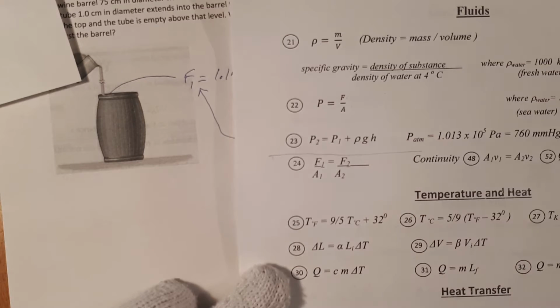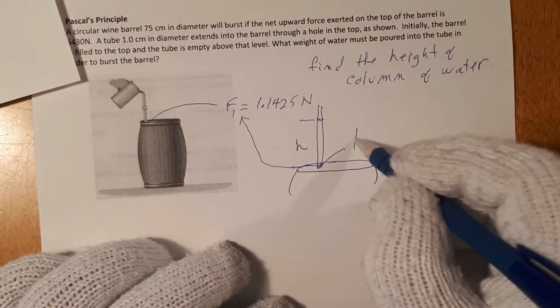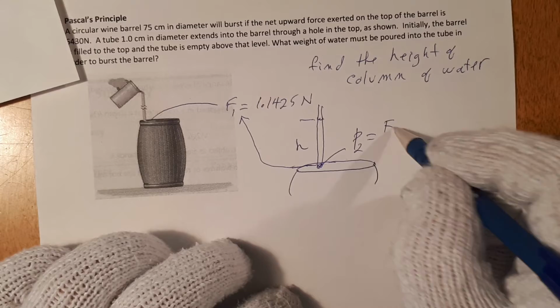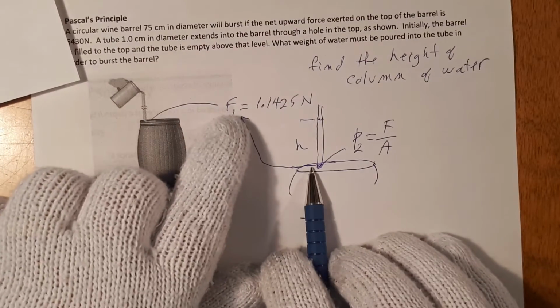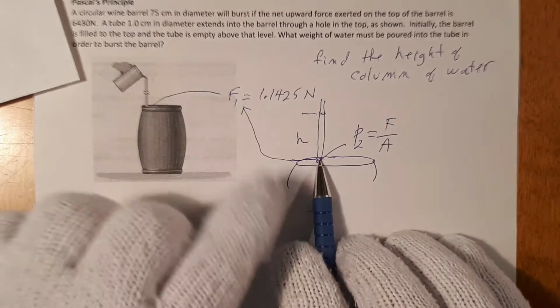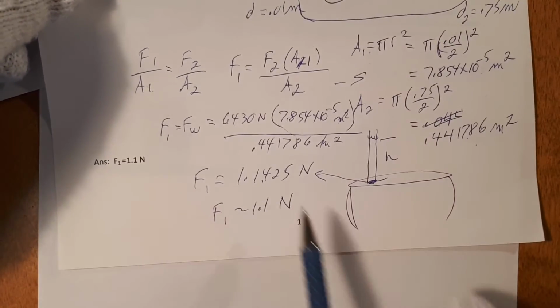Let's calculate what the pressure is at the bottom of that column of water right here. Pressure at 2 is equal to force divided by area. We know the force, there's the force, and we know the area here from the previous video. We calculated the area.